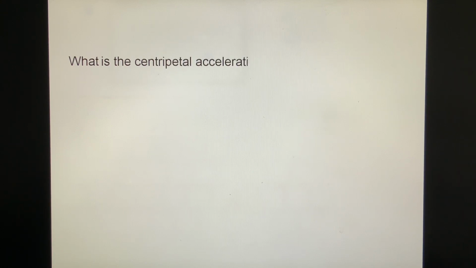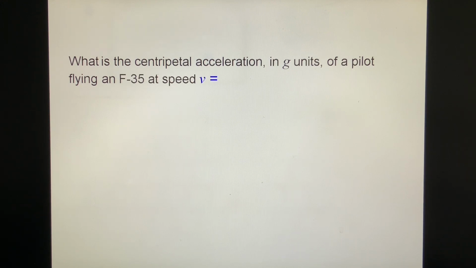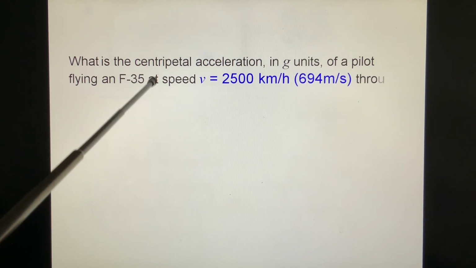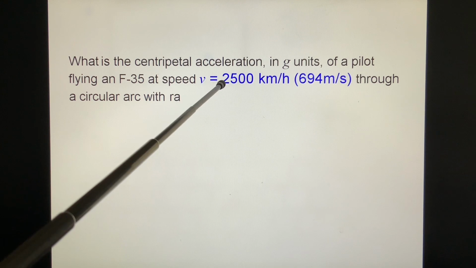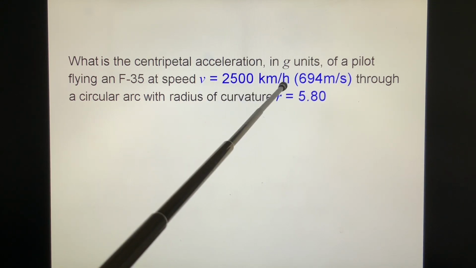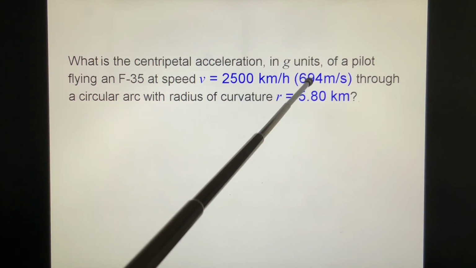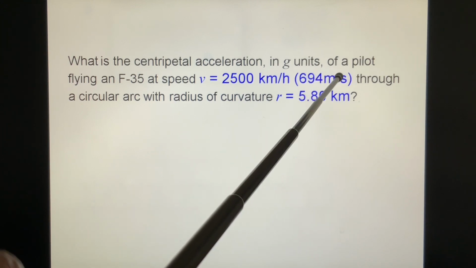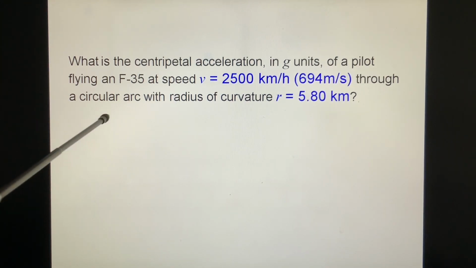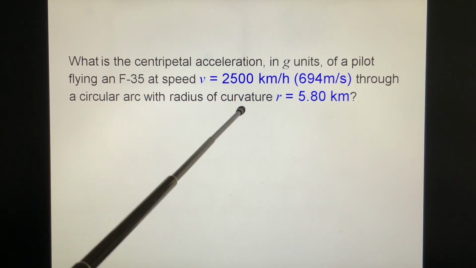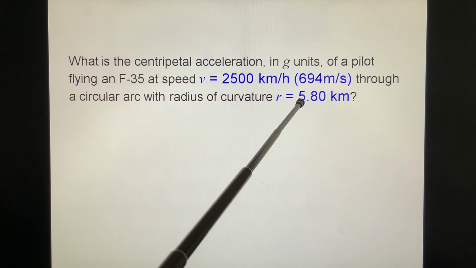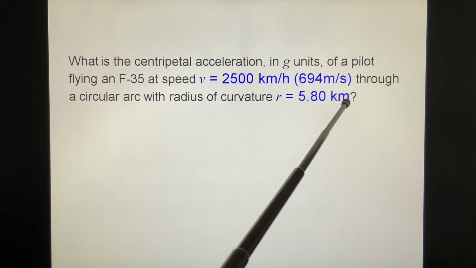What is the centripetal acceleration, in g units, of a pilot flying an F-35 at speed v of 2500 km per hour, that is 694 meters per second, through a circular arc with radius of curvature R of 5.80 kilometers?